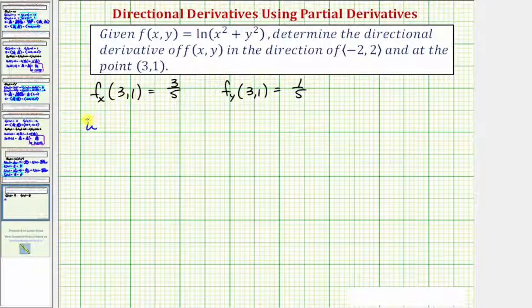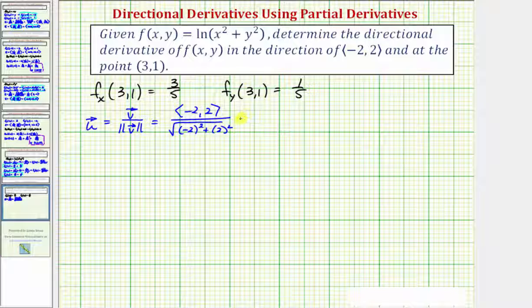The unit vector is going to be equal to, if we let this vector be vector v, we'd have vector v divided by the magnitude of vector v. So vector v has components -2, 2. We'll divide by the magnitude, which would be equal to the square root of -2 squared plus 2 squared.